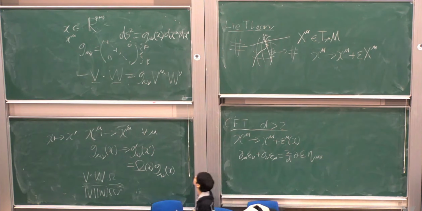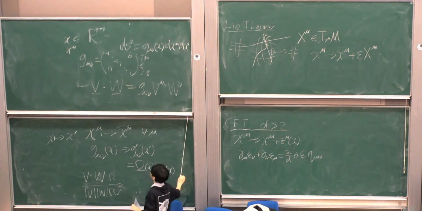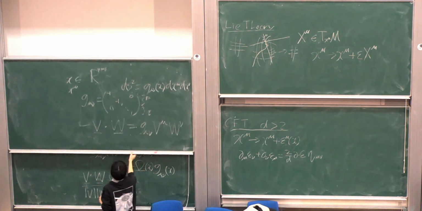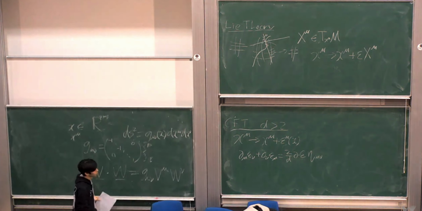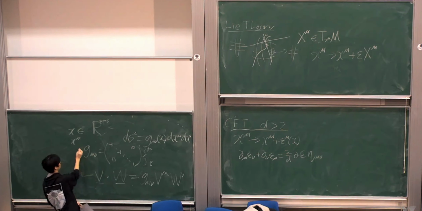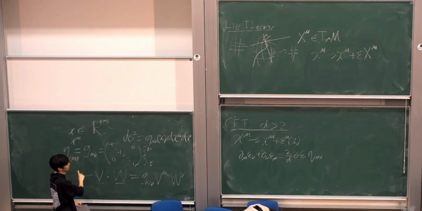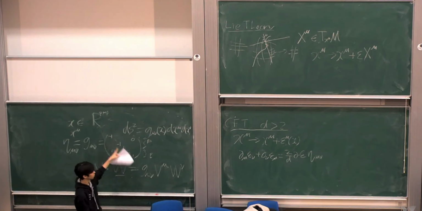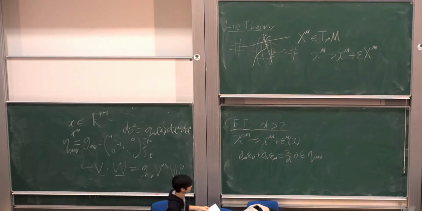And I forgot to tell you, if we are in the Minkowski space, we just denote the metric tensor as eta. So that means it's diagonal, like so.